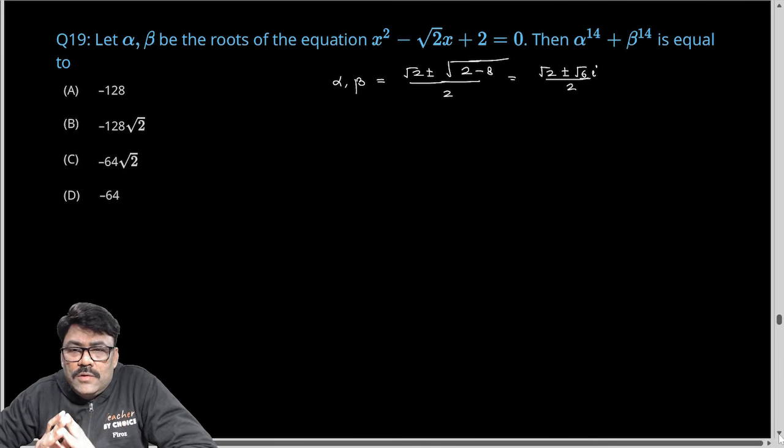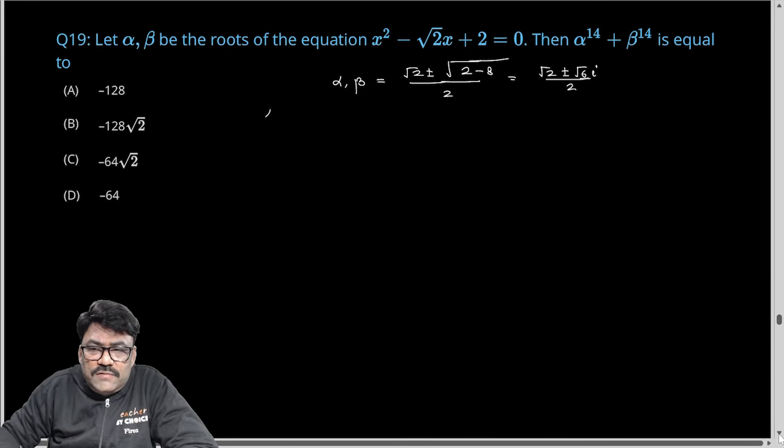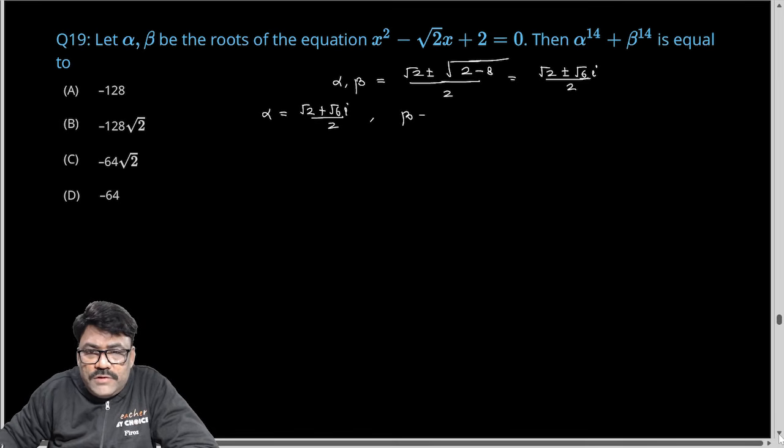Right? So let's say alpha is root 2 plus root 6 iota by 2, and beta is root 2 minus root 6 iota by 2.